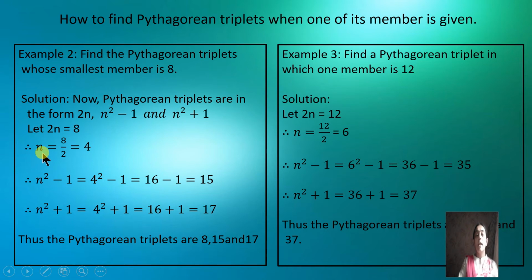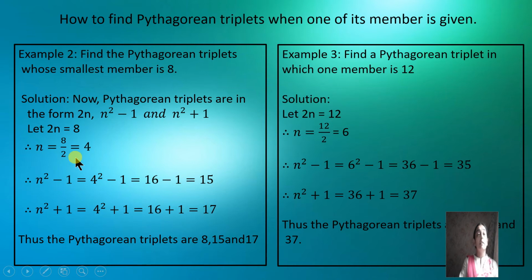So, n is equal to 8 upon 2. I will first find the value of n. So, that is 8 upon 2 which is equal to 4. Now, I want another number. So, therefore, n square minus 1. That is 4 square minus 1, which is equal to 16 minus 1, and that is equal to 15.